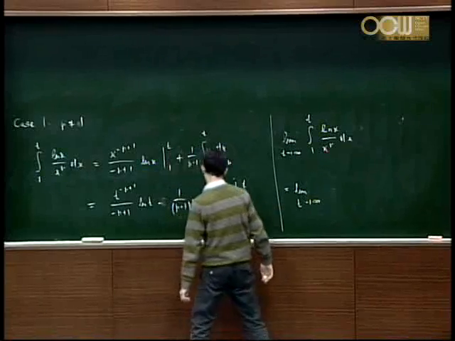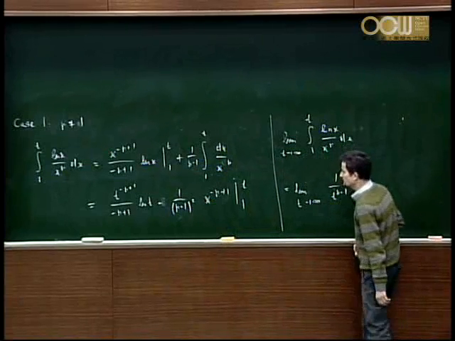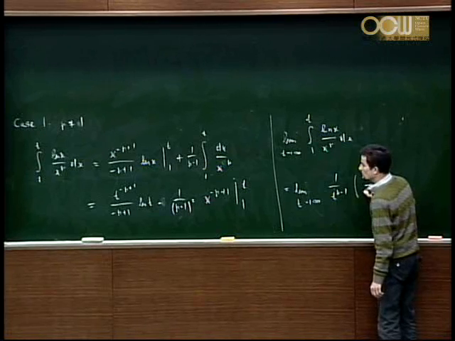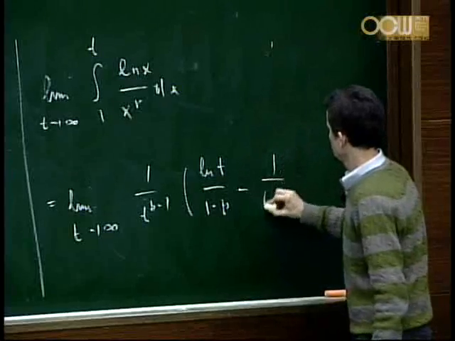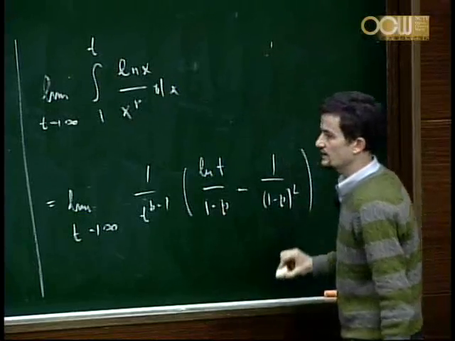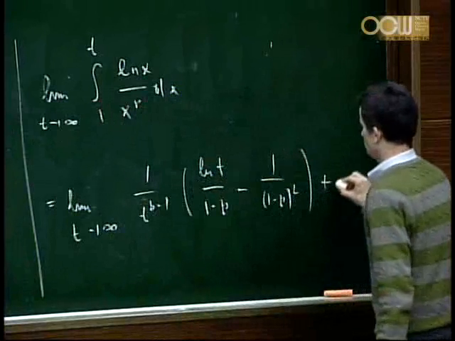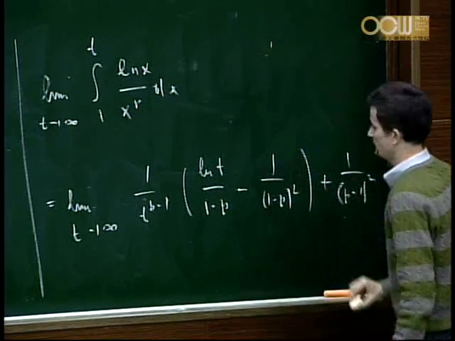For this part, we can take out 1 over t to the p minus 1, and the rest is ln of t over 1 minus p, minus 1 over 1 minus p squared. Then we have left plus 1 over p minus 1 squared.